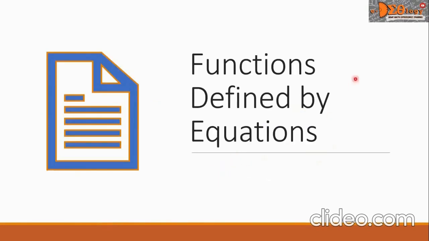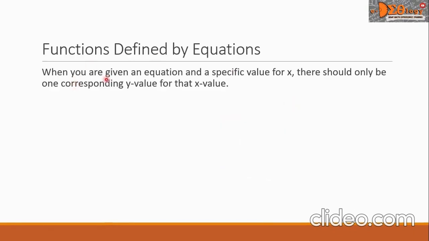Let's go now to functions defined by equations. When you are given an equation and a specific value for x, there should only be one corresponding y value for that x value. Let's have example 1. The equation y equals x plus 1.